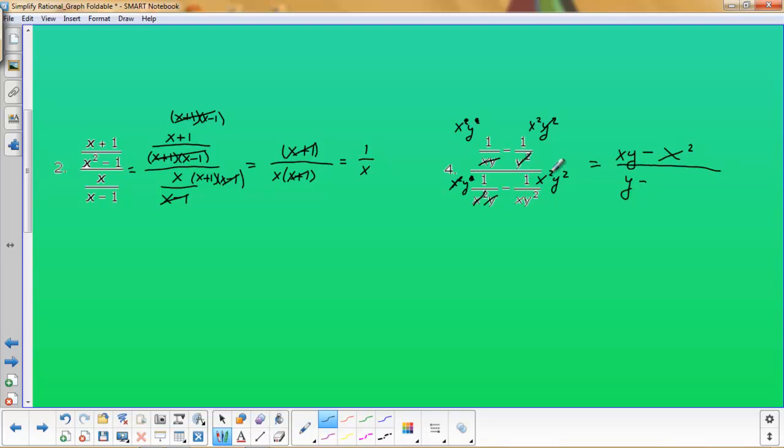And then the x is going to reduce down to 1x, and then the y squared is going to completely cancel out. Now you look across the top and you can see a GCF there. So I'm going to go ahead and take that out. That's going to be x times y minus x divided by the quantity y minus x. Now I've got identical quantities, so those two cancel out, and what's left is my answer, x.